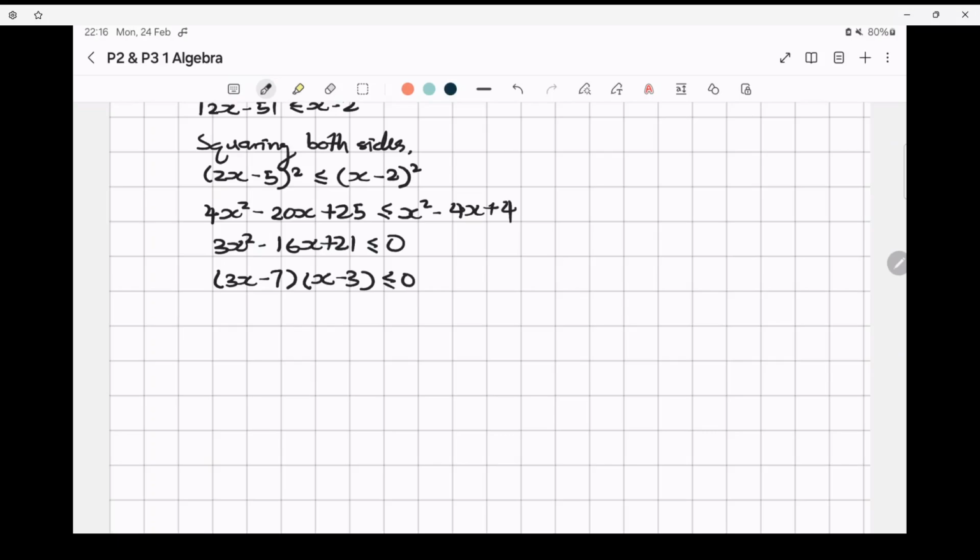So then from here, draw the number line. You have 7 over 3. This will be 3. Then it is with equal sign, so you draw the solid circle.